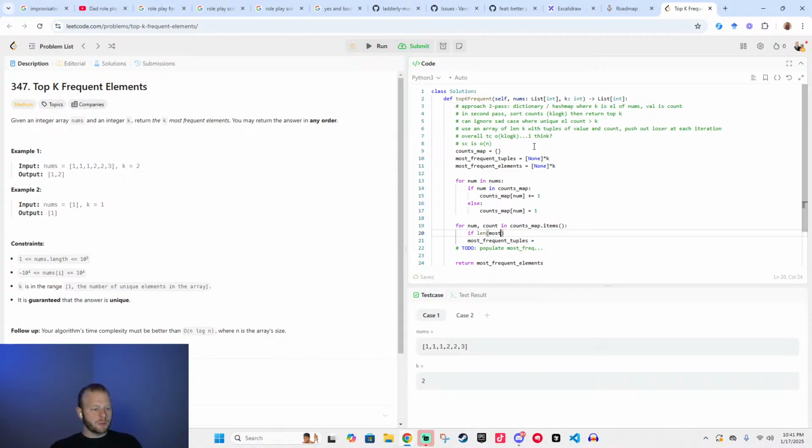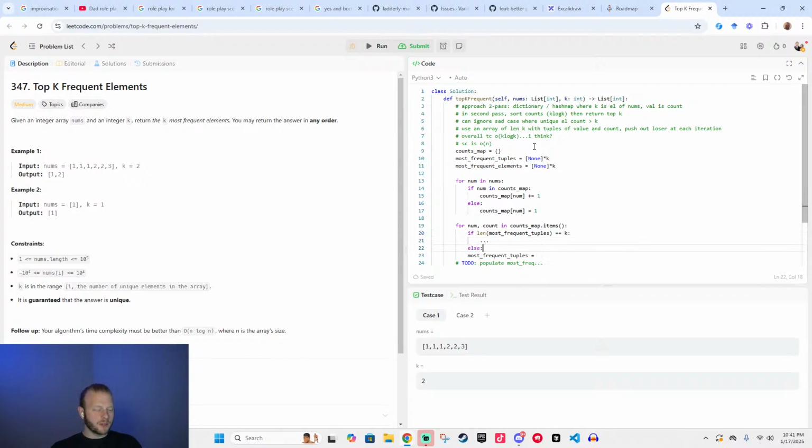Maybe I should do this. Most frequent tuples, if the length is at k. So we want to populate it until we reach k, right? Do I want to do less than k? Nope, I'm going to just populate it until we reach k.